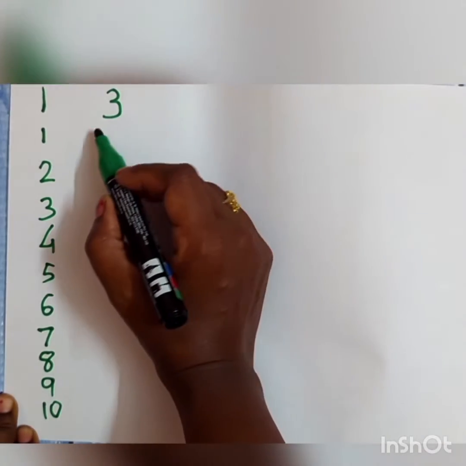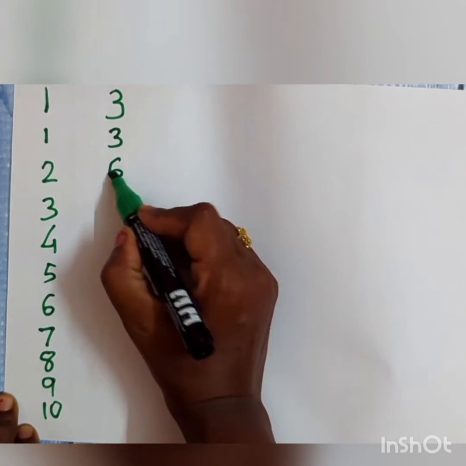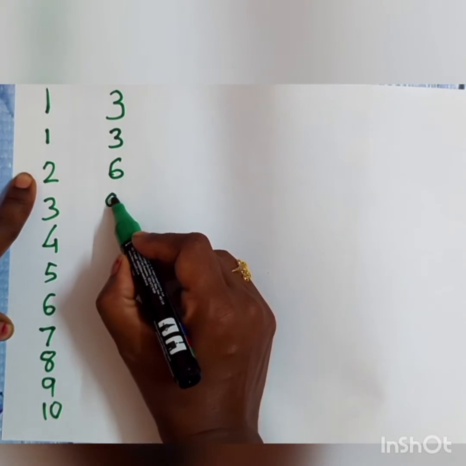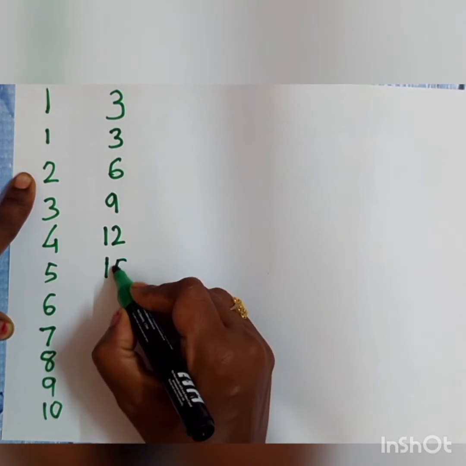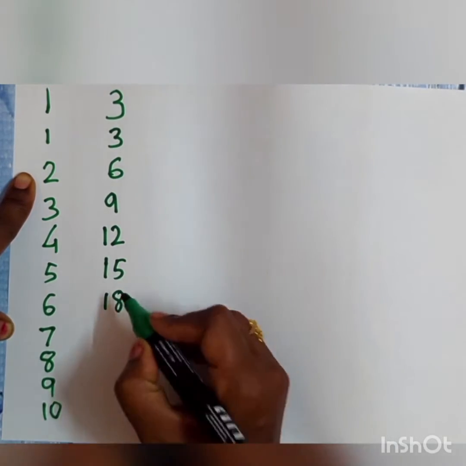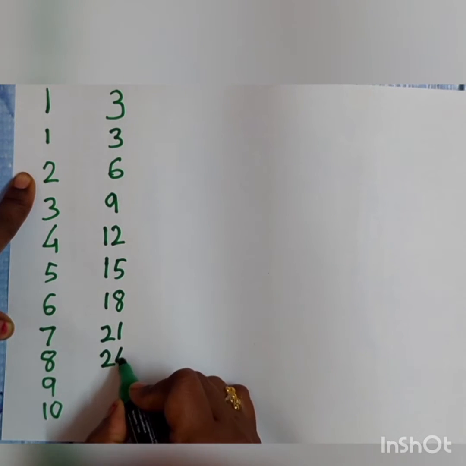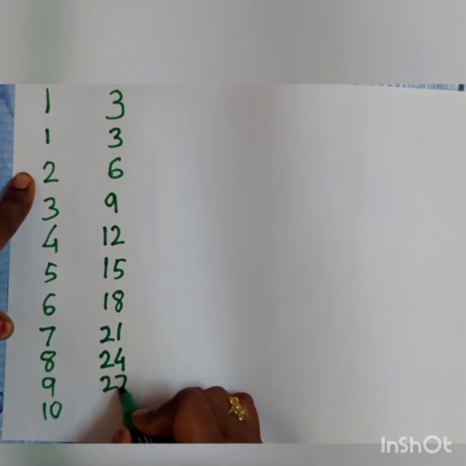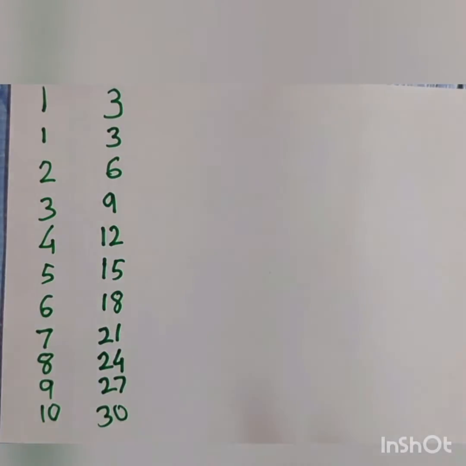So the 3 times table: 3 ones are 3, 3 twos are 6, 9, 3 fours are 12, 15, 18, 21, 24, 27, 30. Right? Until here you are clear.